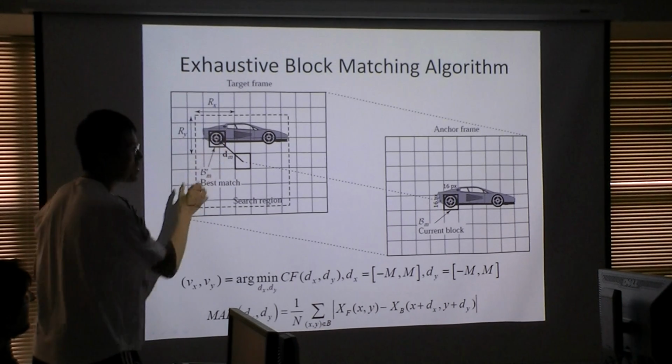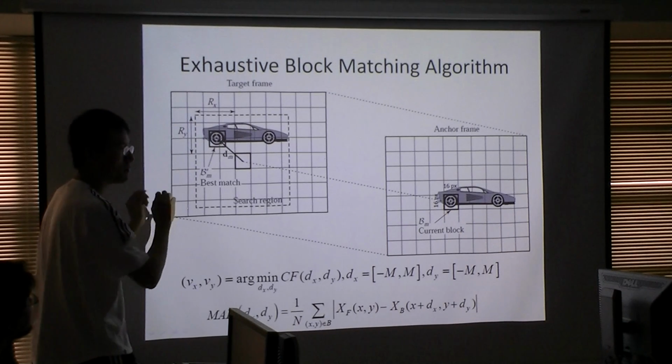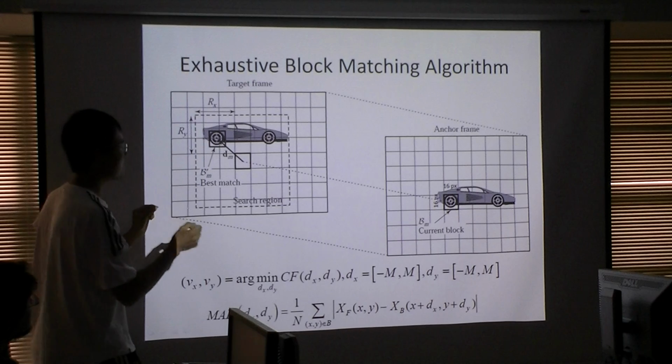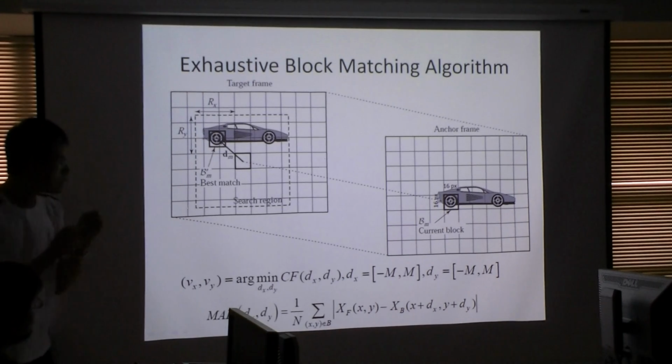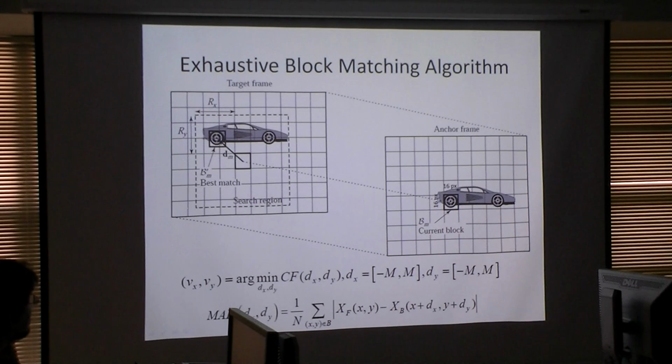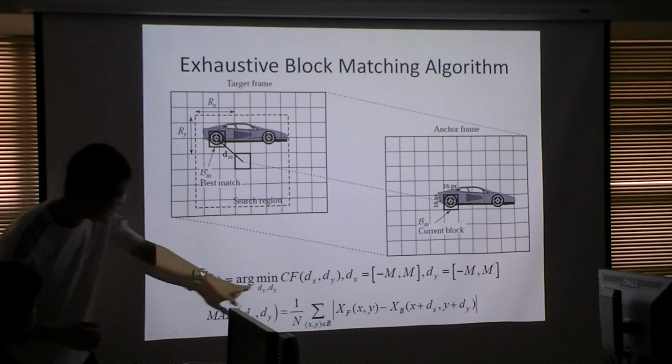Here we minimize the matching error, such as the mean square error or the mean absolute distance. The mathematical formula is given here.